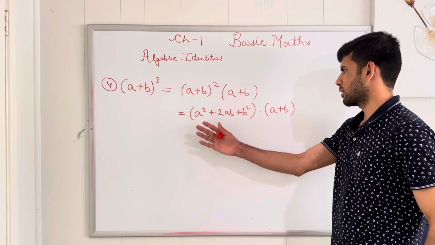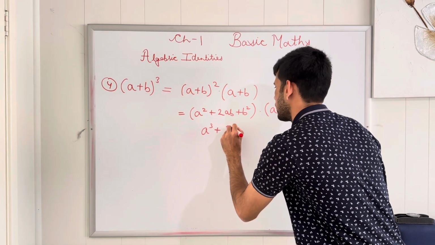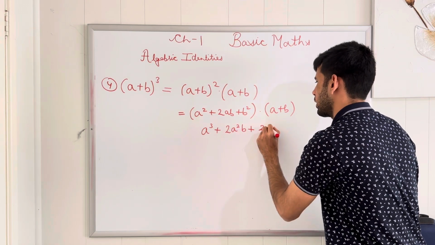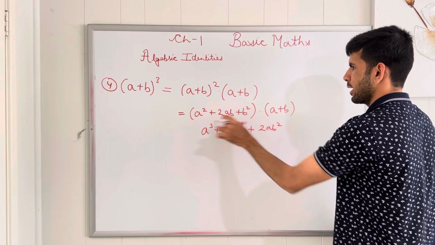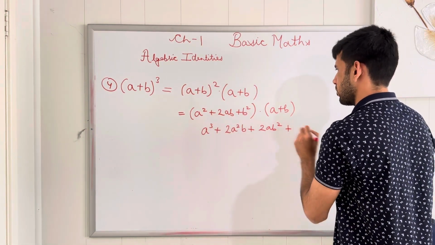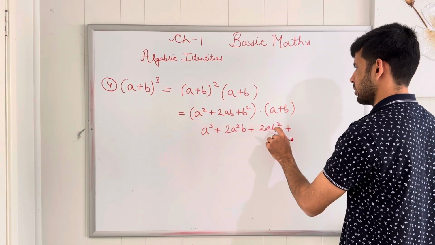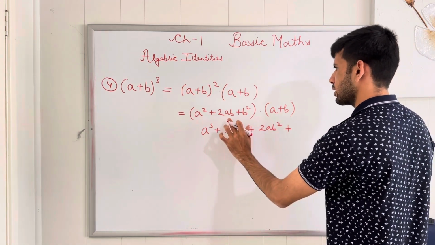And now if you open the bracket, you get a cube plus 2a square b plus 2ab square, right? We multiply a with all the terms of this, and we get a cube, 2a square b, sorry, I just made a mistake.